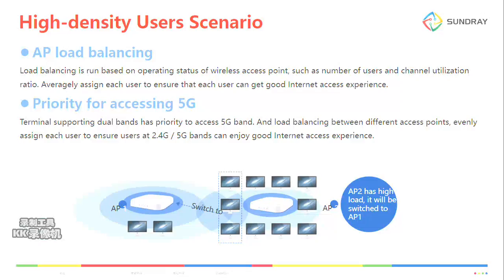If the terminal supports both 2.4 and 5.8 signals, we will lead the clients to connect to the 5.8 signal first. In this way, they will have a higher transmission speed, and also we can do the balance between the two radios.